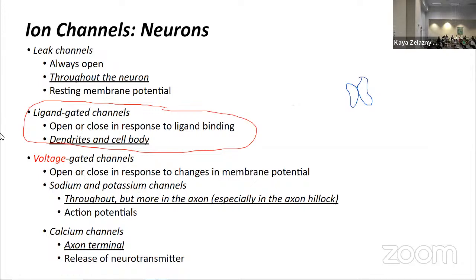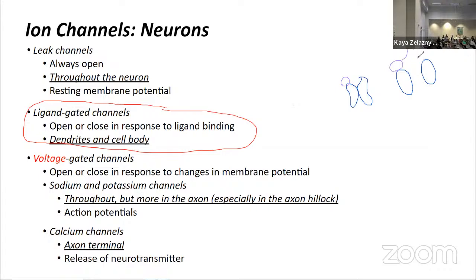And then, just like an enzyme changes shape when something binds onto it, if a ligand, like a neurotransmitter, binds onto this ligand-gated channel, it may open. That changes the shape of the protein. It might switch to an open state briefly before the ligand breaks off and floats away.